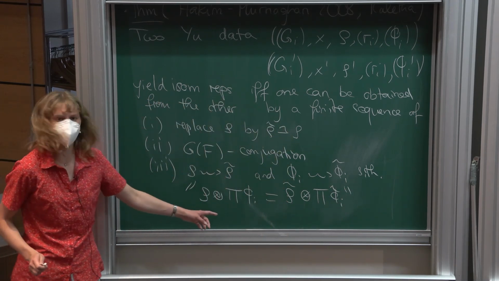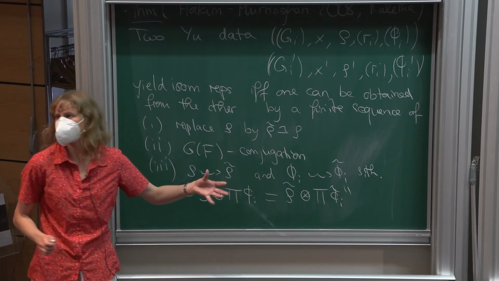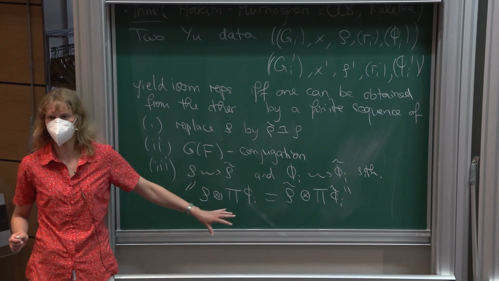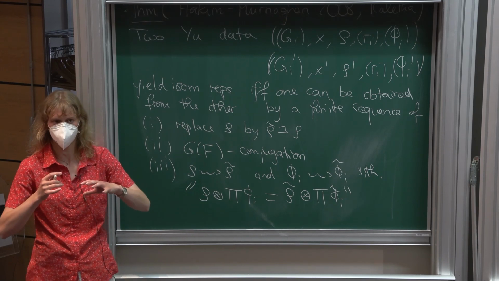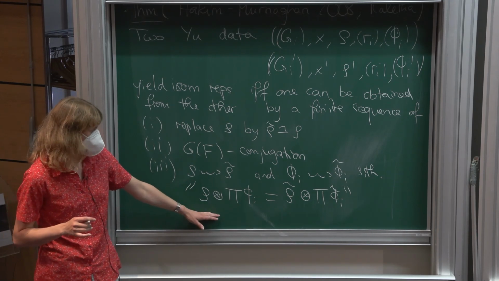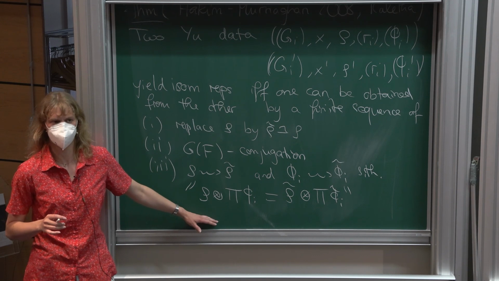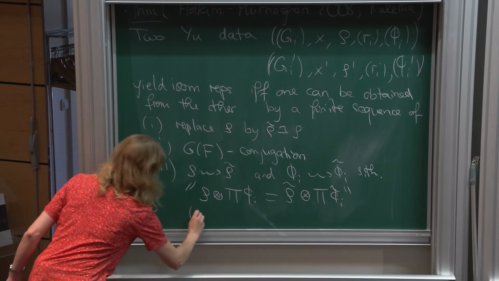This equation here doesn't quite make sense because these objects are defined on slightly different groups. So you have to actually specify precisely where you define things. But one can make that statement precise, and I've made this precise in the notes if you're interested in it, and that's called refactorization.